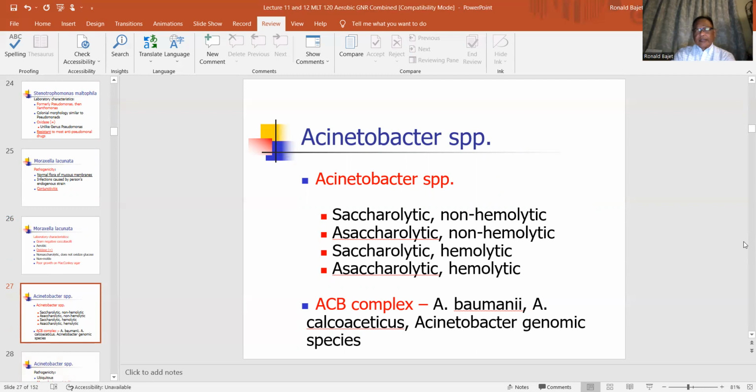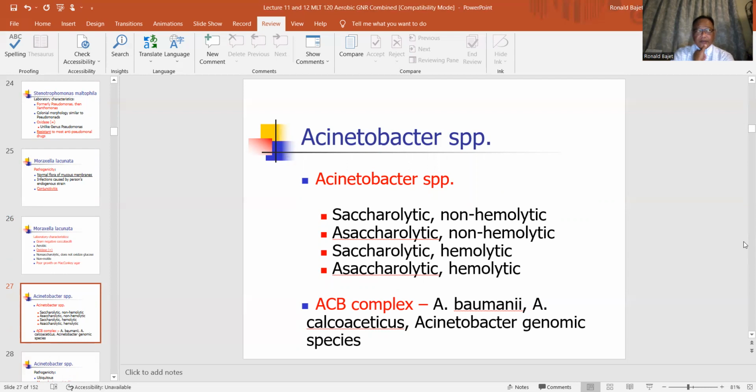Acinetobacter species is an organism that's difficult to treat. You can have saccharolytic, meaning it uses sucrose, or asaccharolytic, and hemolytic or non-hemolytic, in different combinations. You're not going to need to know those.